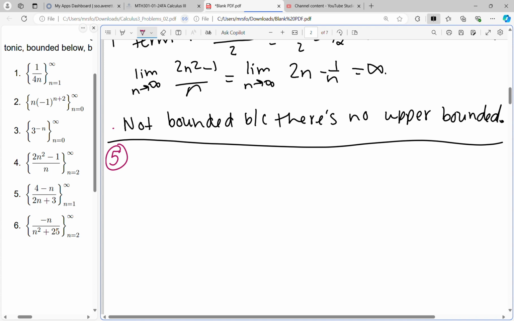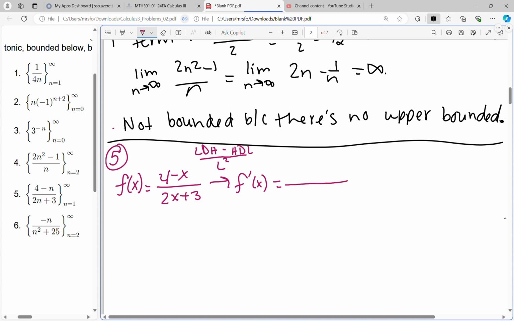So again, if we want to differentiate, f of x is (4 minus x) over (2x plus 3). When we differentiate, I'm going to write it up here: low d high minus high d low, divided by low squared.